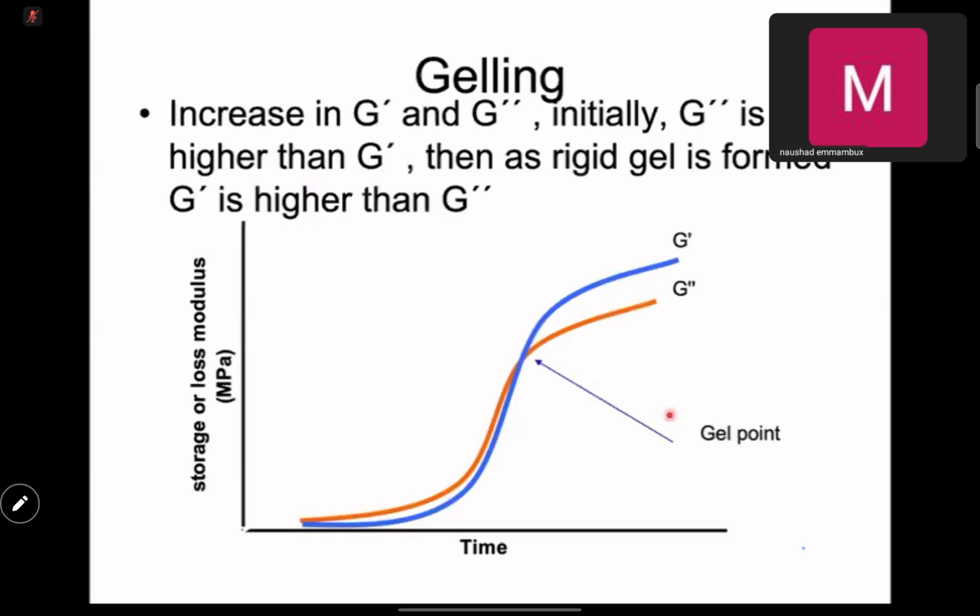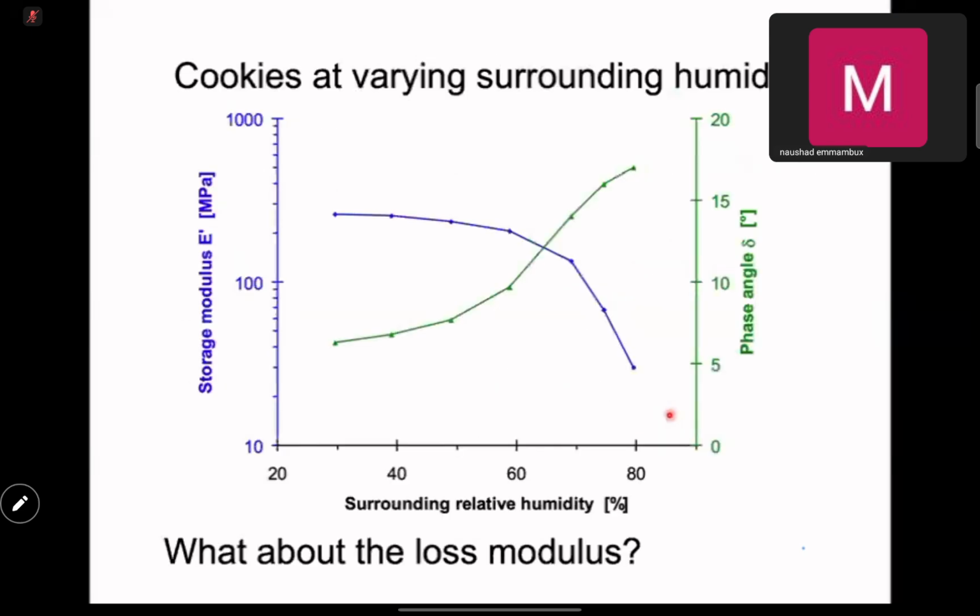We talk about gelling, an increase in G prime. I already told you about this one. Another example is to see what relative humidity you can store your biscuits or cookies at. If you look at the storage modulus here, as you increase the relative humidity, your storage modulus decreases, and your phase angle tends to increase.